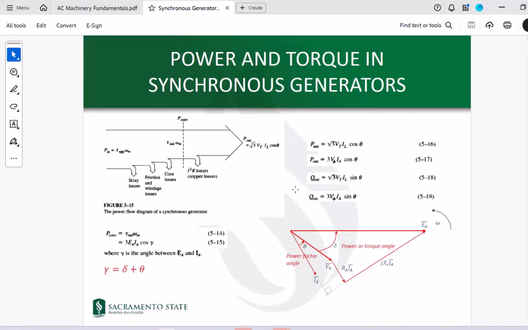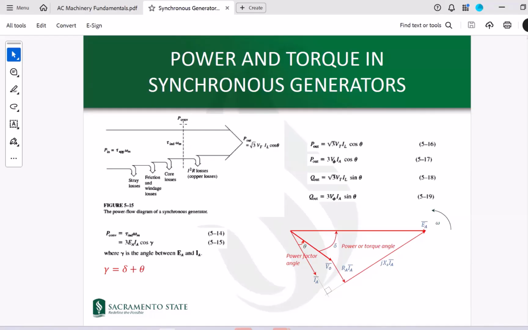And the reactive power could also be defined based on the same concept. The only difference is that you need to put sine of theta instead of cosine of theta to find that out. The converted power is the power that exists here in the air gap.